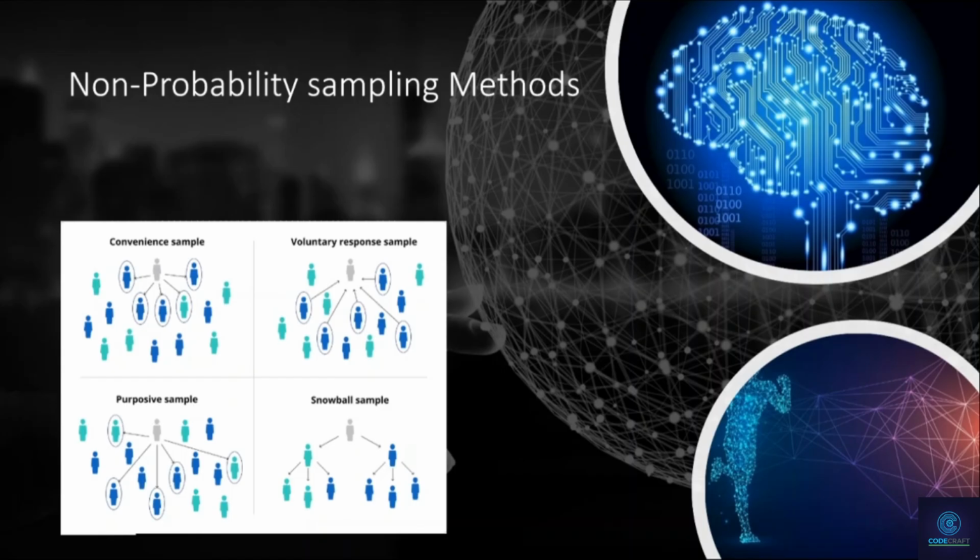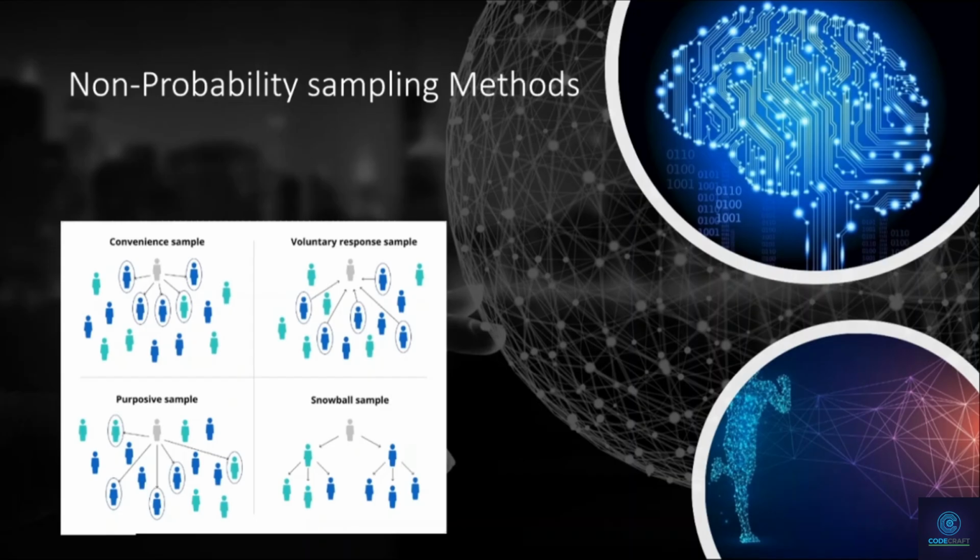Purposive sampling could work in cases where you really need exact people, subjects that fit certain criteria. But if you want to stay as random as possible, it's not the best way to conduct research. This is the third type of non-probability sampling method.